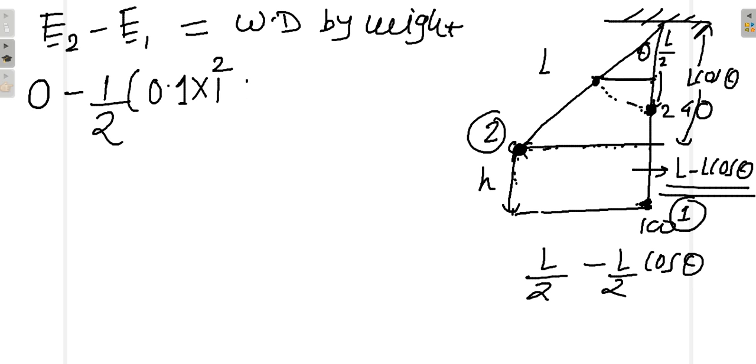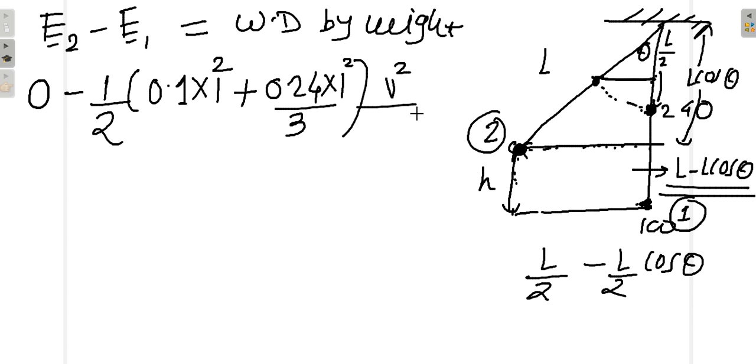And the moment of inertia of the rod is ml square by 12, about the end it is ml square by 3. And omega square will be v square upon L square. L is 1 again. So this is the change in the kinetic energy.